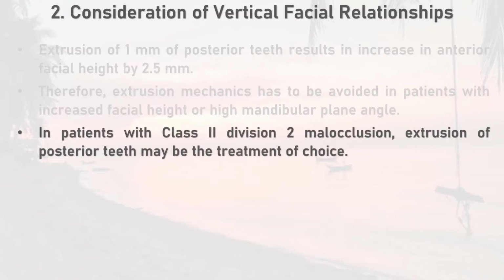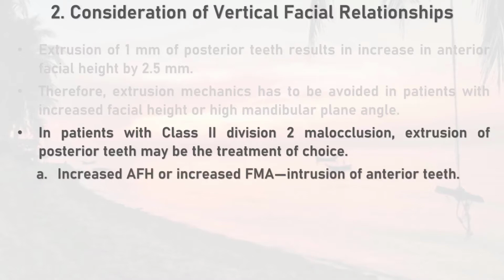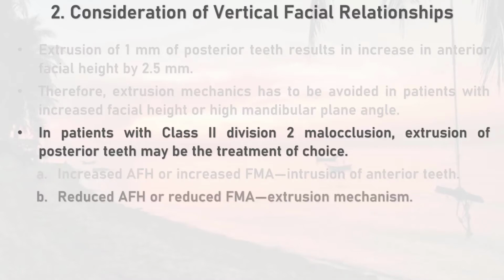In patients with class 2 division 2 malocclusion, extrusion of posterior teeth may be the treatment of choice. When we have increased anterior facial height or increased FMA, treatment should be intrusion of anterior teeth. When we have reduced anterior facial height and reduced FMA, treatment should be extrusion of anterior teeth.